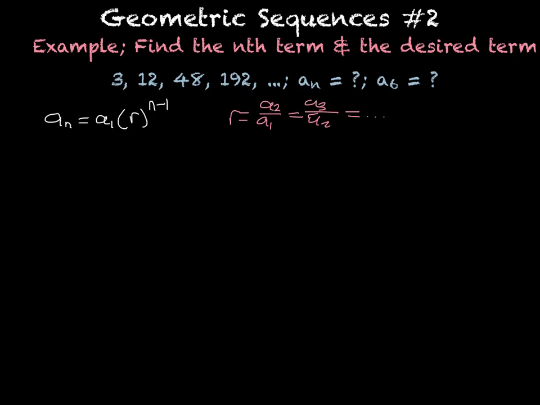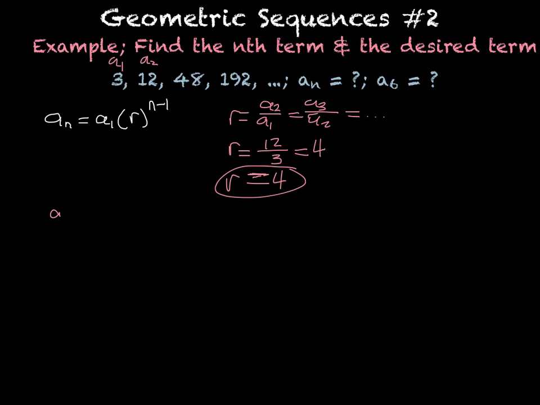So I just do a little division problem. r is going to equal 12 over 3, and 12 over 3 is equal to 4. So my common ratio is equal to 4. So that is my r.